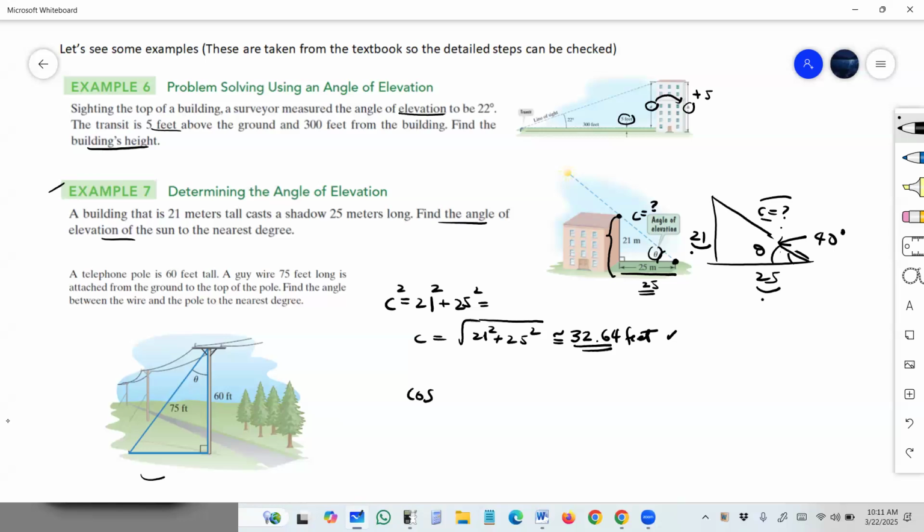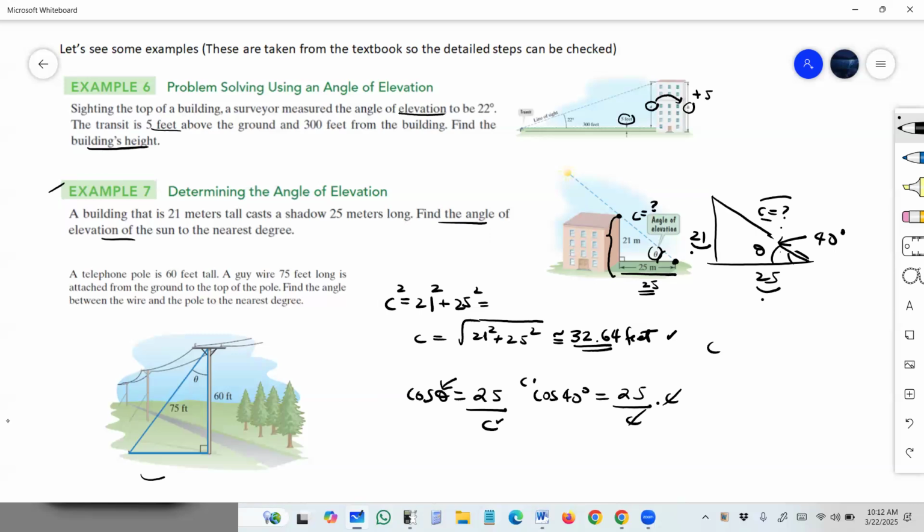So cosine of theta is the adjacent, which is 25, over C. I want C, so this is perfect. And I have theta. We found out that theta is approximately 40 degrees. So this is going to be cosine 40 degrees equals 25 over C, and I'm solving for C. So what do I do? I multiply both sides by C, and they would cancel here.